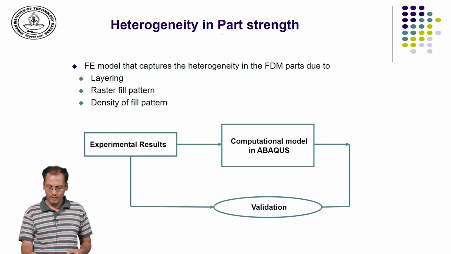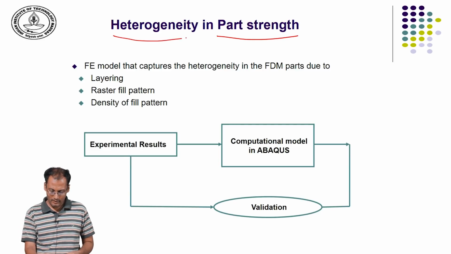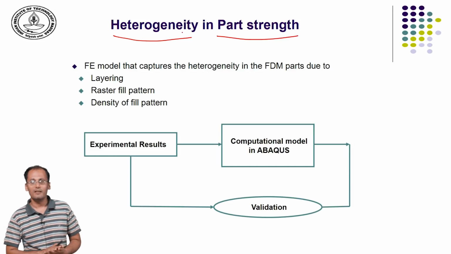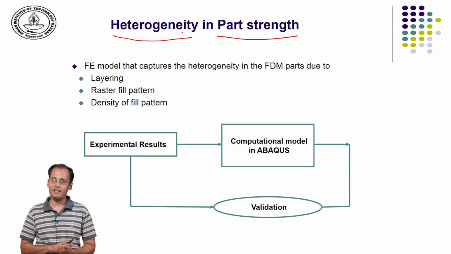The next important aspect about additive manufacturing and considering the same in design is the part strength. The part strength is invariably heterogeneous because even if we are building a homogeneous model, because the model is built layer by layer, heterogeneity is introduced.